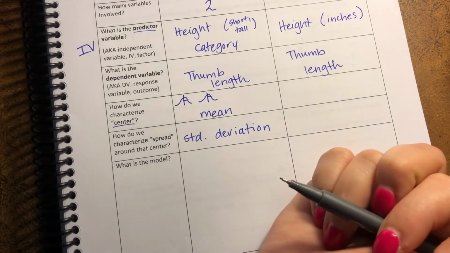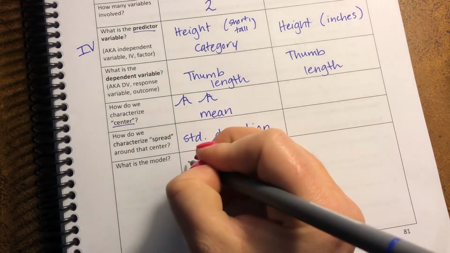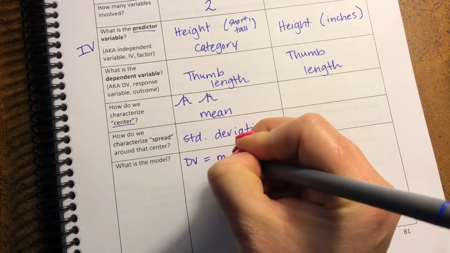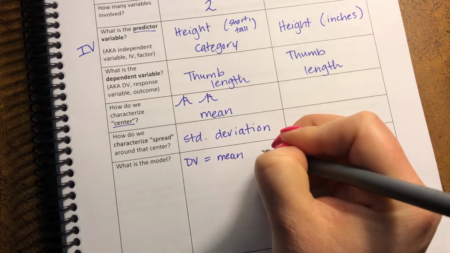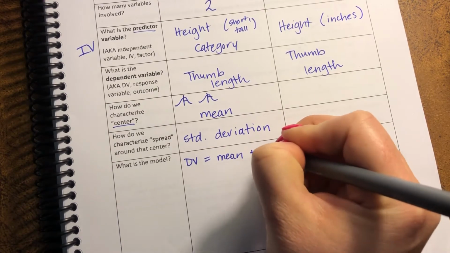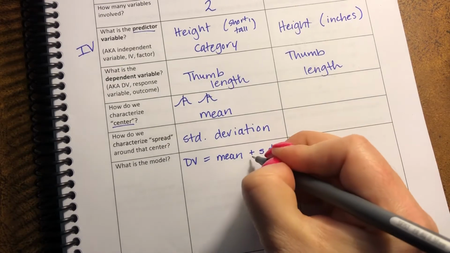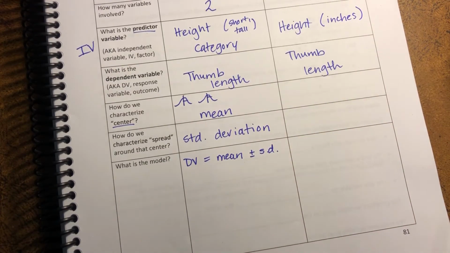The models that we built from this were very simple. Something like the dependent variable is equal to the mean plus some error, and we would use standard deviation as a way to judge this error, plus or minus, because it can be above or below.